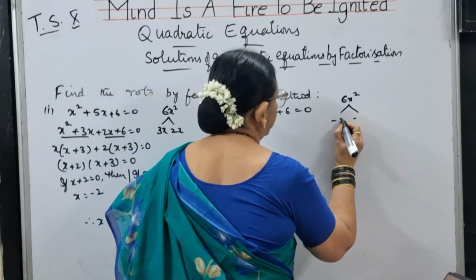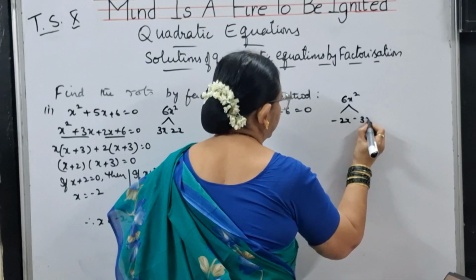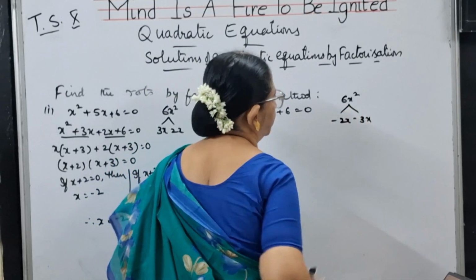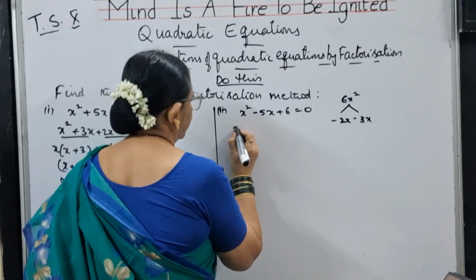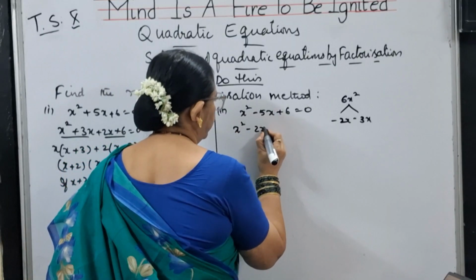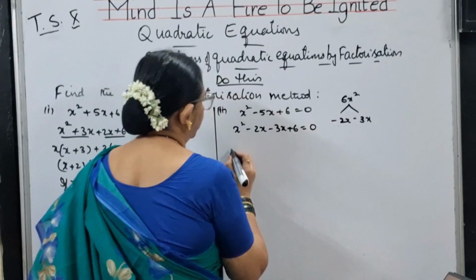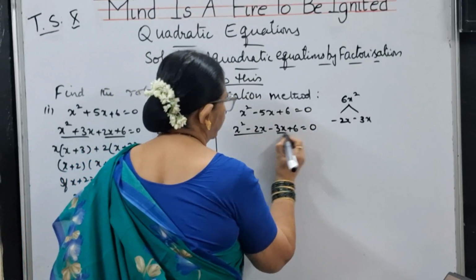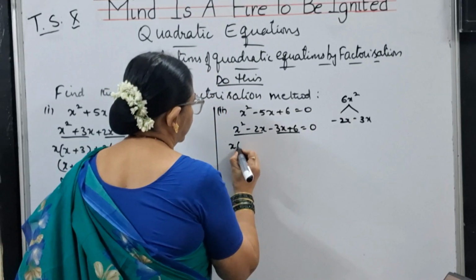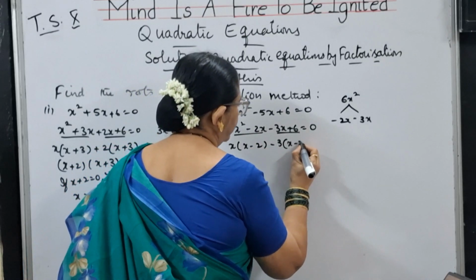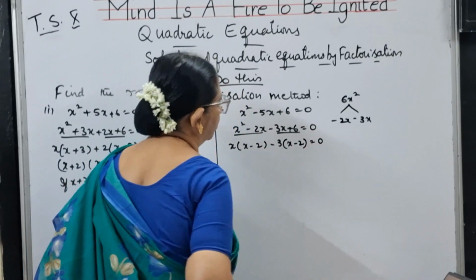So, -2x - 3x. If you add, -5x, minus into minus plus, 3 2s are 6. So, x² - 2x - 3x + 6 = 0. So, these two one group, these two one group. x(x - 2) - 3(x - 2) = 0.